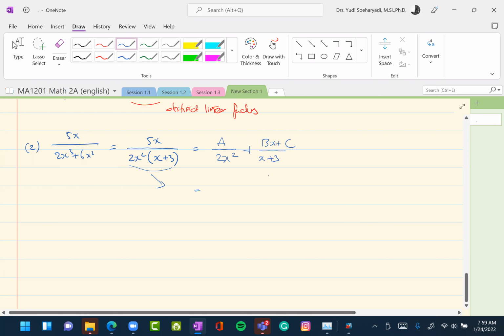Because if you compute this one, you get, let's see, let's just proceed with this one. If you compute this one, you get a times what? x plus 3. Plus times 2x squared. Okay.